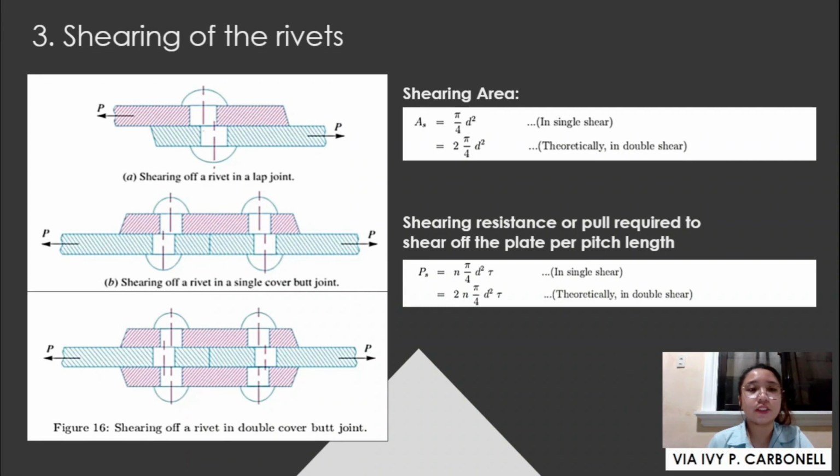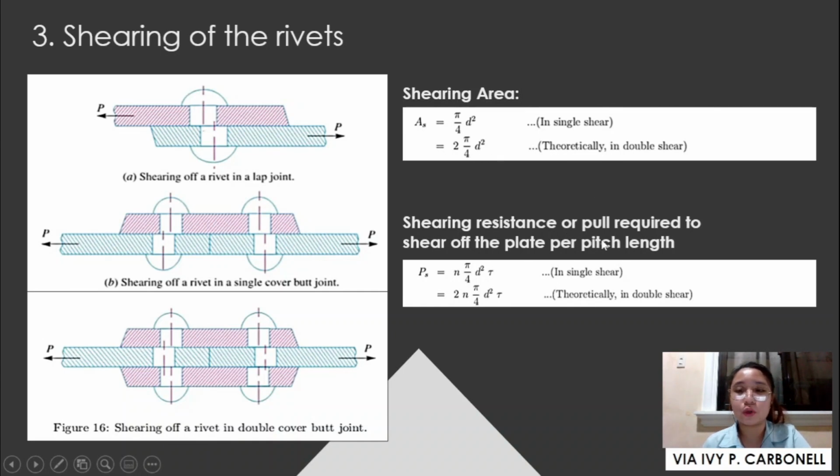The third one is the shearing of the rivets. The shearing area can be computed in single shear as pi over 4 d squared, and in double shear as 2 multiplied by the area, pi over 4 d squared.